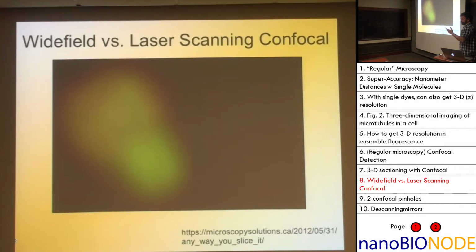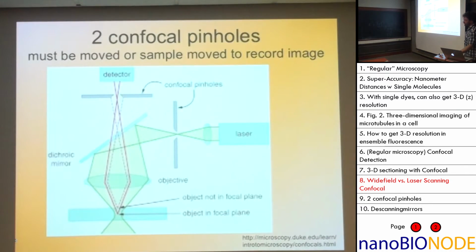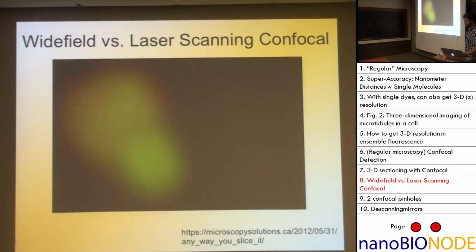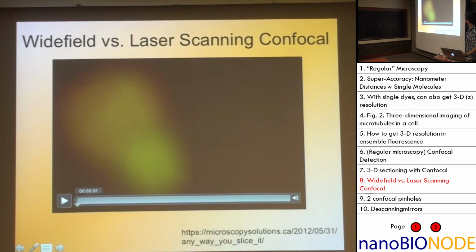And so you can do wide field, not coming in with a scanned point. And then you can do laser scanning, that is, you move it. And this is what it looks like.